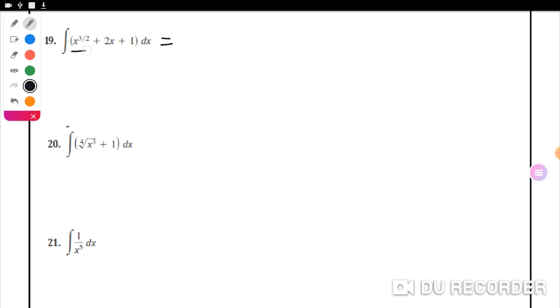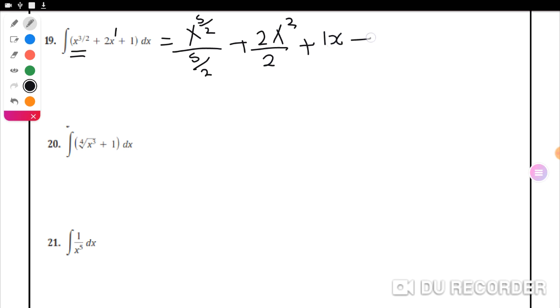The integration of this term: add 1 to the power 3 over 2 to get 5 over 2, over 5 over 2. I hope it is clear. Plus the number multiplied by the integration of x to power 1, add 1, gives 2 over 2. Plus the integration of 1, which is x. Don't forget the constant of integration.